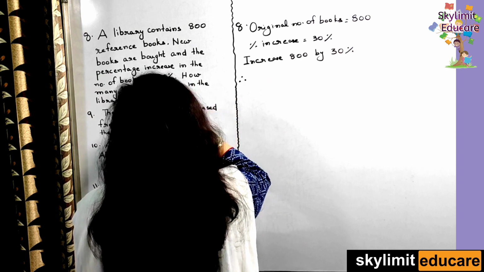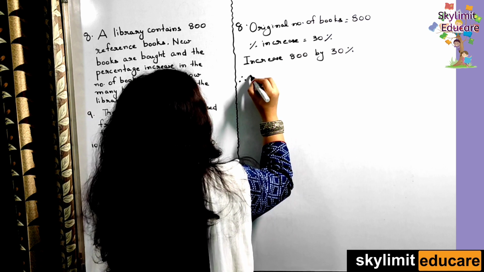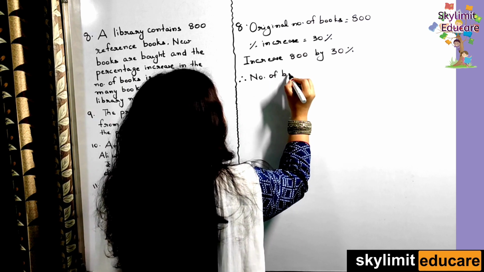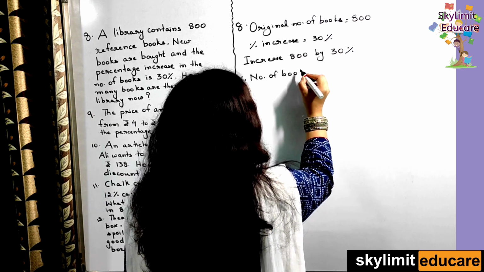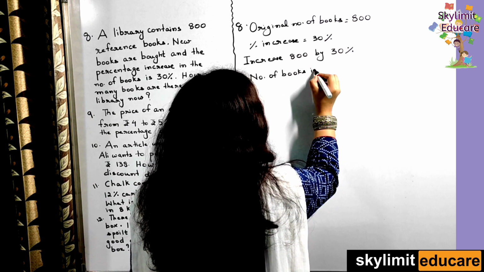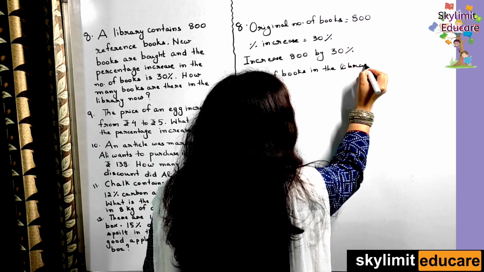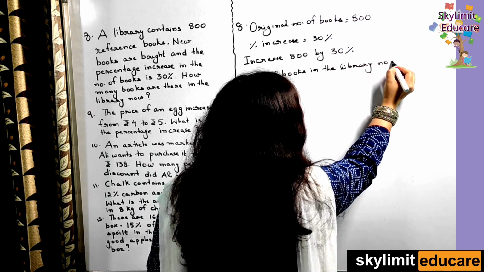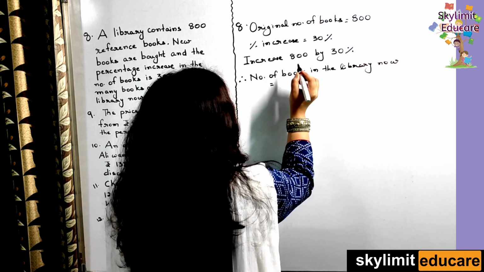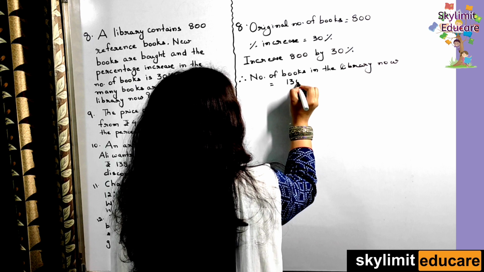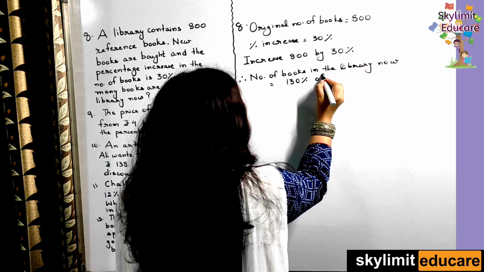Therefore, number of books in the library now is equal to, so increase 100 by 30% means what? It is 130% of 800.